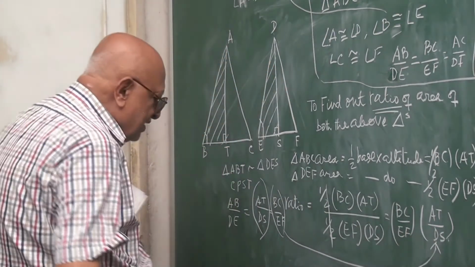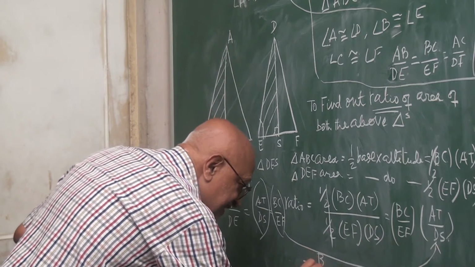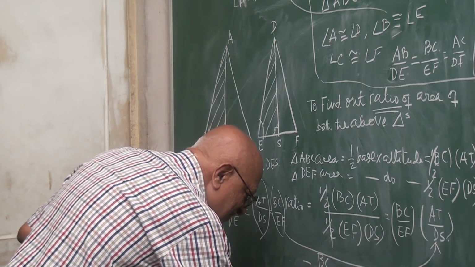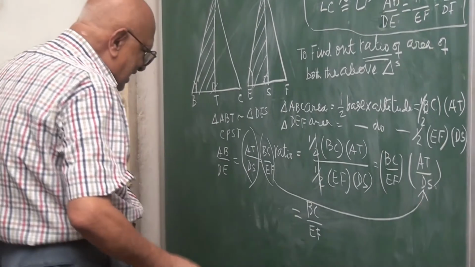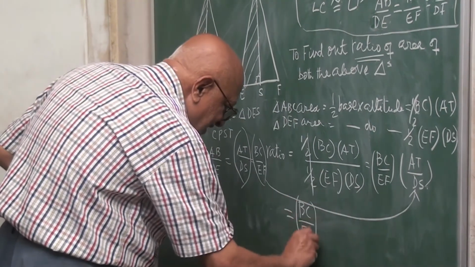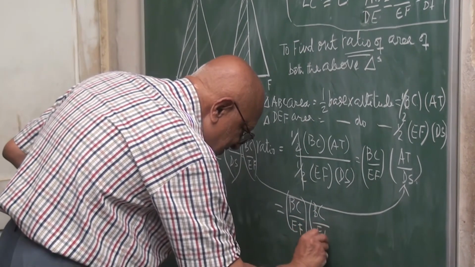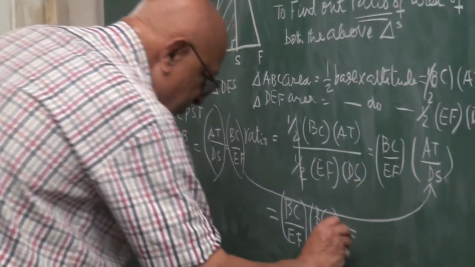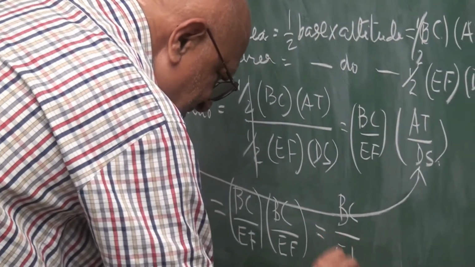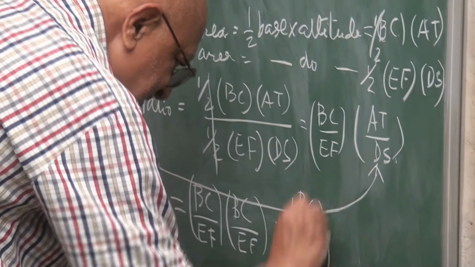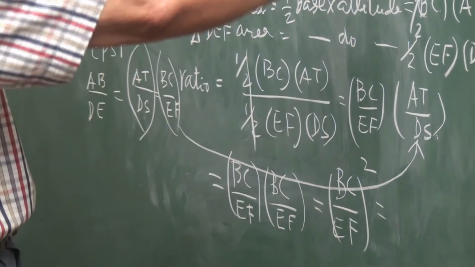It will be equal to BC by EF into BC by EF, that is equal to BC by EF square.